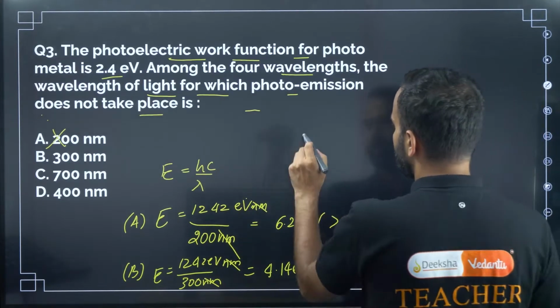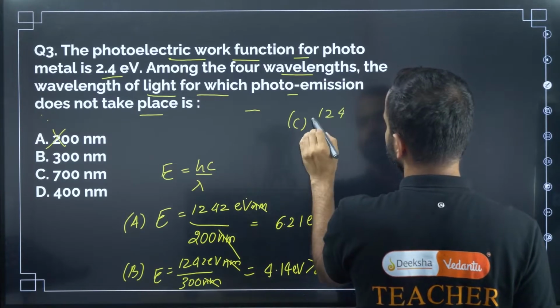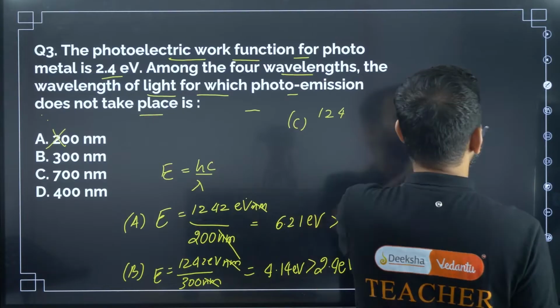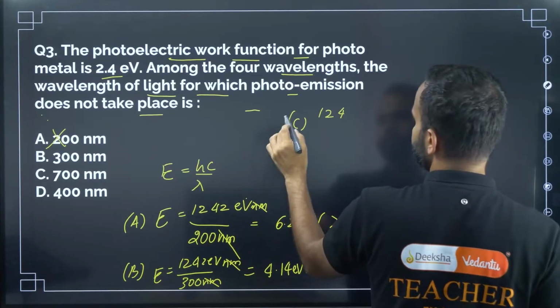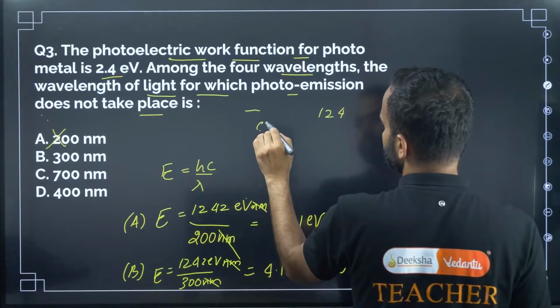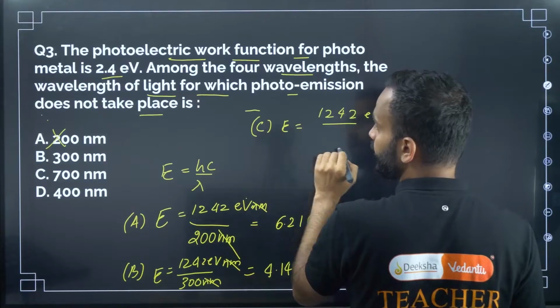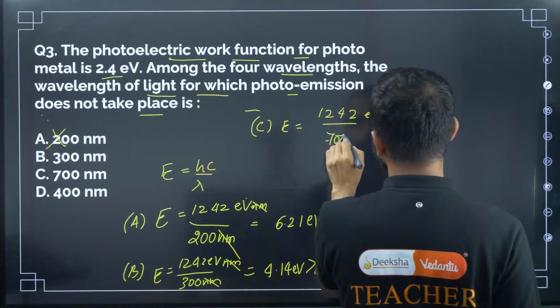Now for the third option, the energy of the incident light is 1242 electron volt nanometer divided by 700 nanometer.